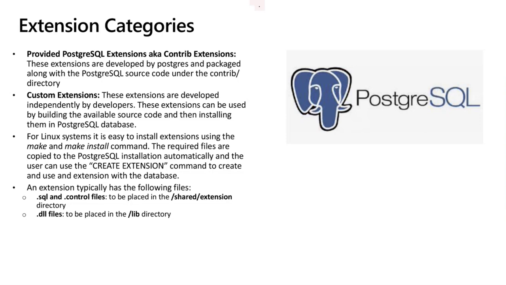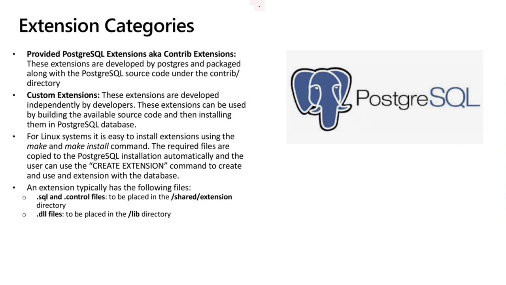There's a couple of ways. You take these custom extensions, drop them on a box, and do a make or make install, and then the required files are copied to an installation directory, and then you just run create extension, which loads that extension into PostgreSQL.